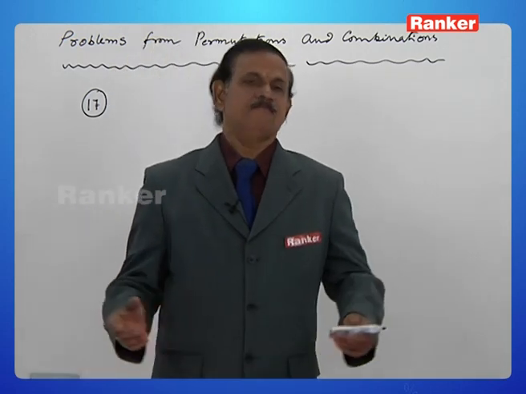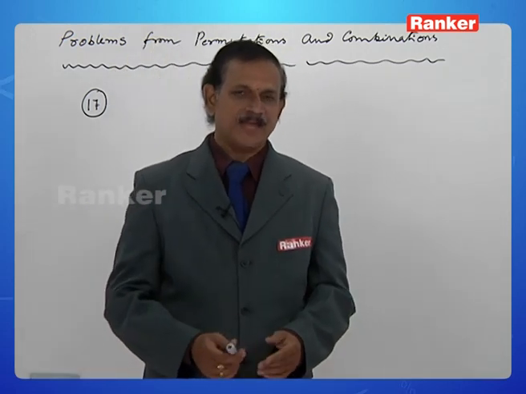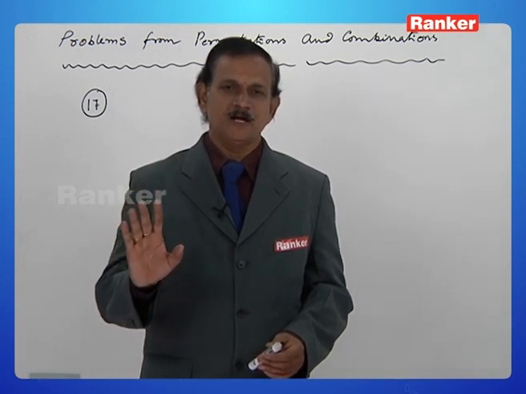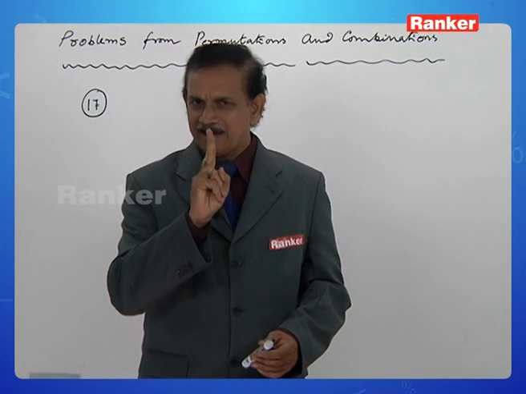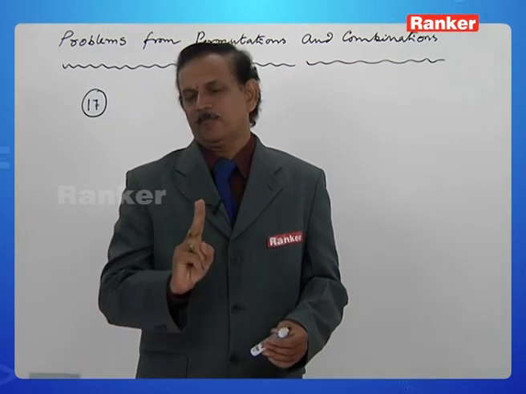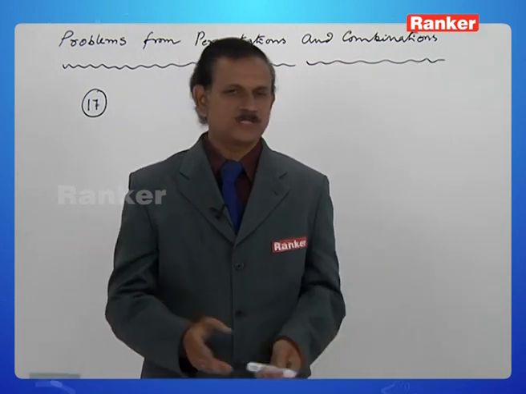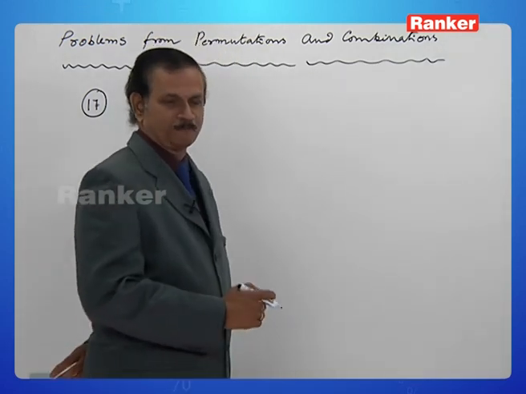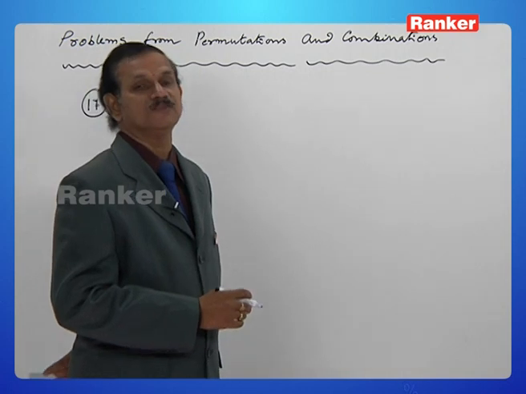Then what is the number of games? To conduct a game, you have to have 2 persons. Therefore, the number of ways of choosing 2 players from n players is nC2. Therefore, the total number of games is nC2.